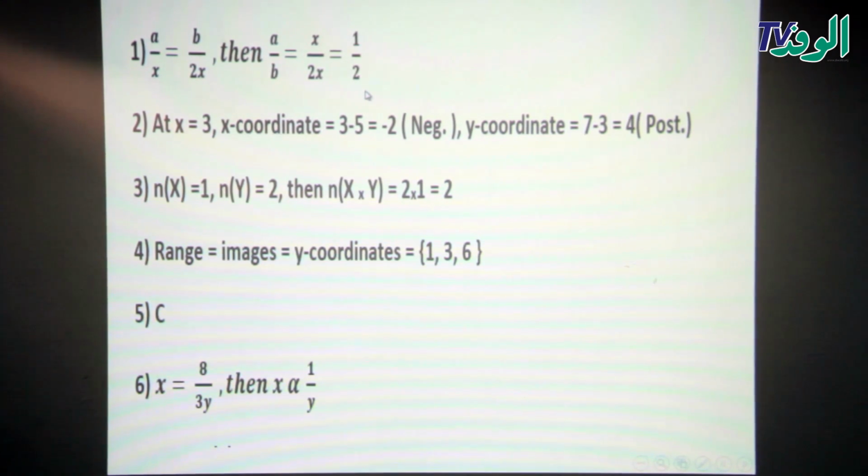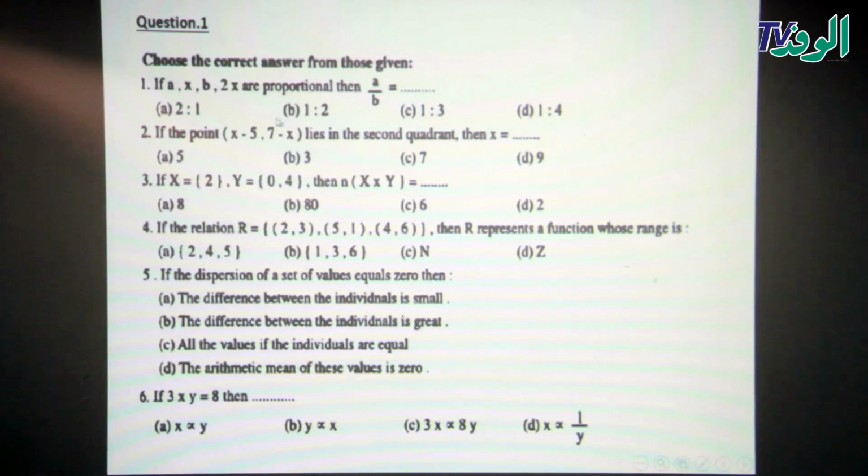We get 1 over 2. So a over b is 1 over 2, which is 1 to 2. So the correct choice is number B.